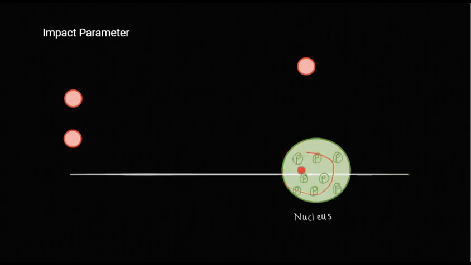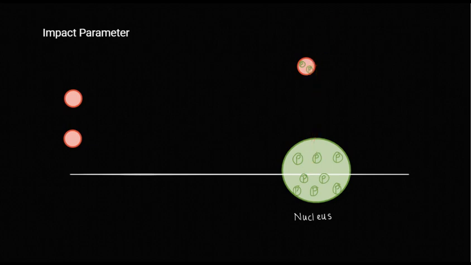Inside the nucleus you have protons. Similarly, inside the alpha particle also you have two protons. So this is positively charged as well as your nucleus is also positively charged. Since there are two positive charges, these two charges should repel each other.